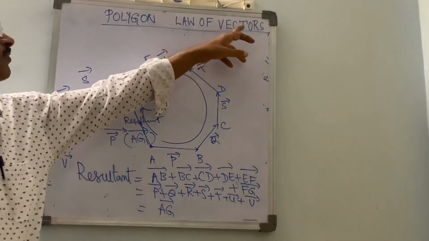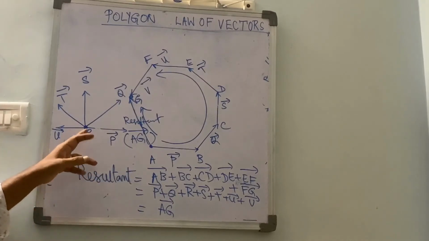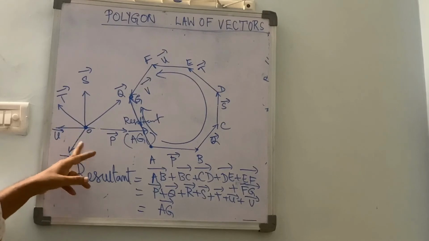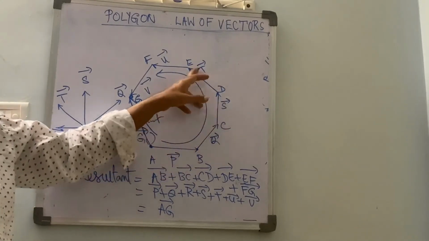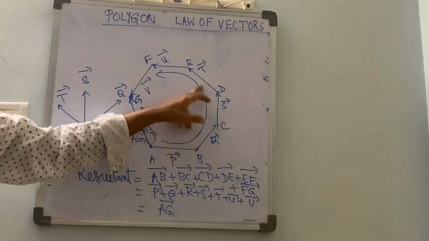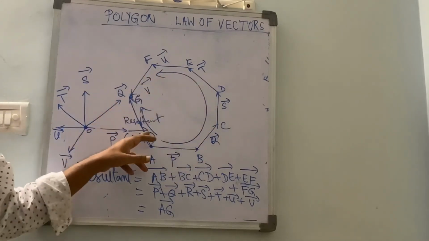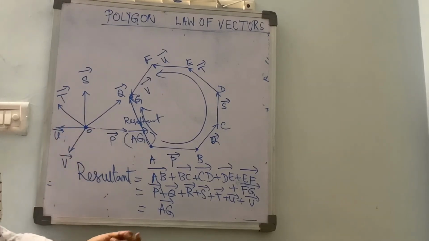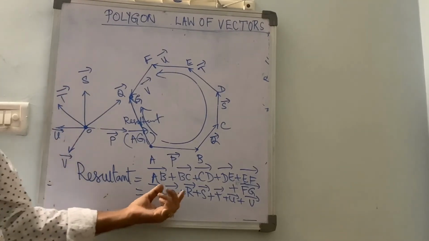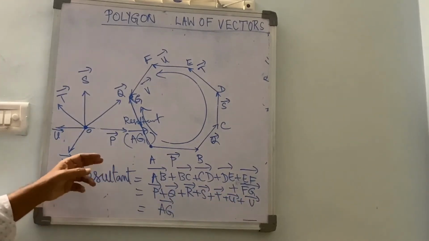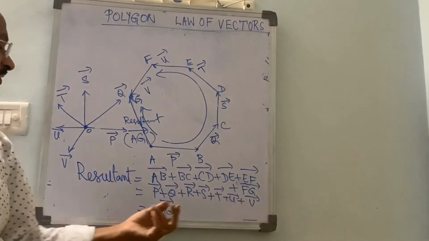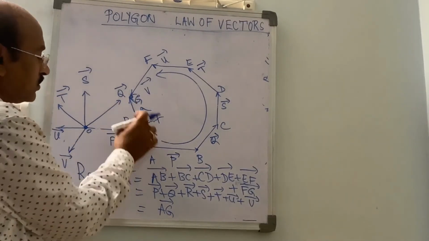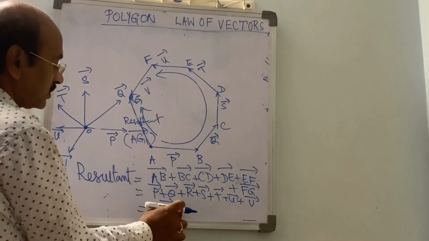Polygon law of forces may be stated as: if a number of forces act at point O simultaneously, and they are represented by the sides of a polygon taken in an order in clockwise or anti-clockwise direction, then the body is in equilibrium. Along with all these six forces, this seventh one is also added, in the opposite direction.